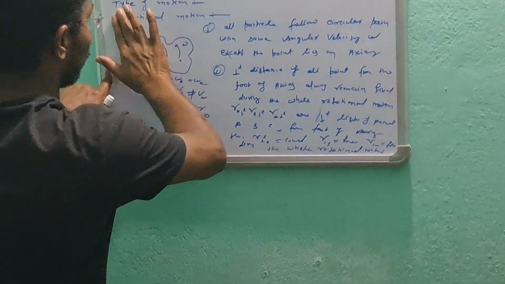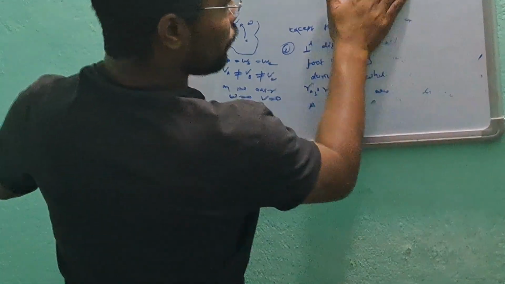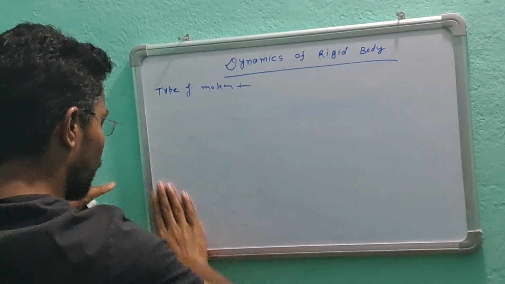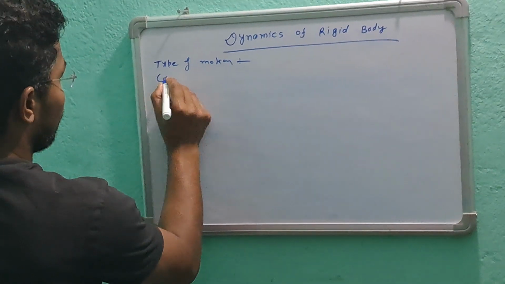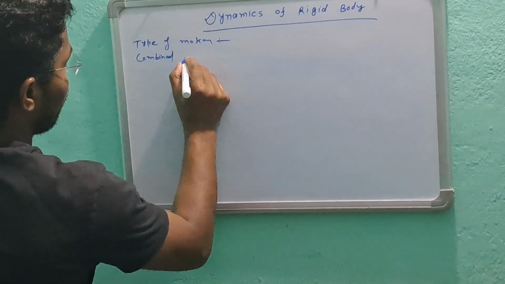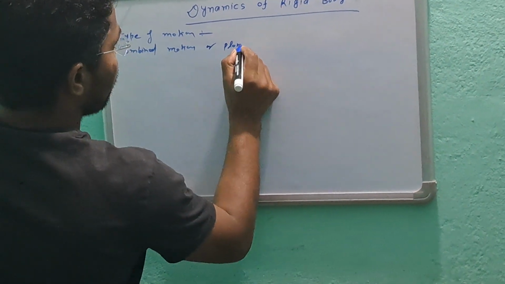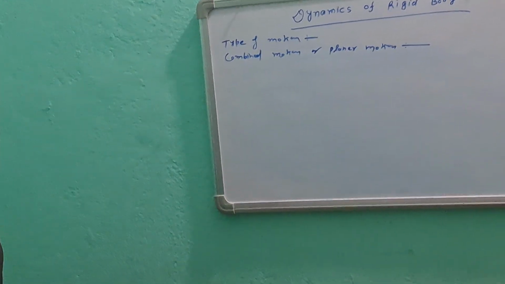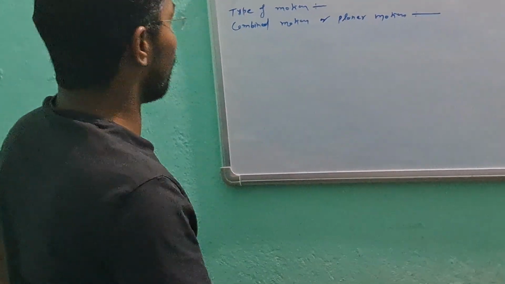Next one is combined motion, planar motion. It is the combination of translational motion and circular motion.